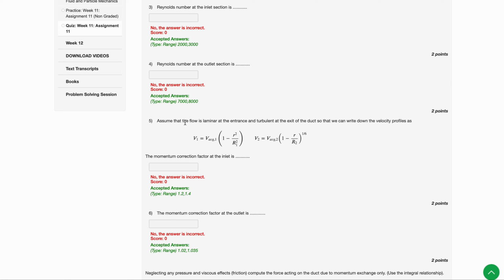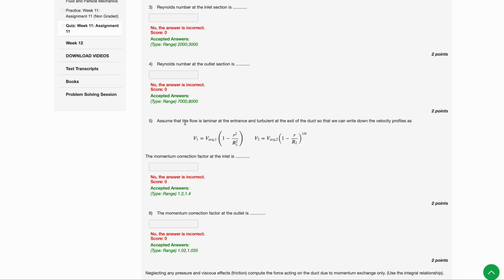So the actual velocity profile for laminar flow through a pipe is V1 is equal to V max at section 1 into 1 minus r square by R1 square, and the turbulent velocity profile will have a similar form, V max at 2 into 1 minus r by R2, the whole raised to 1 by 6.